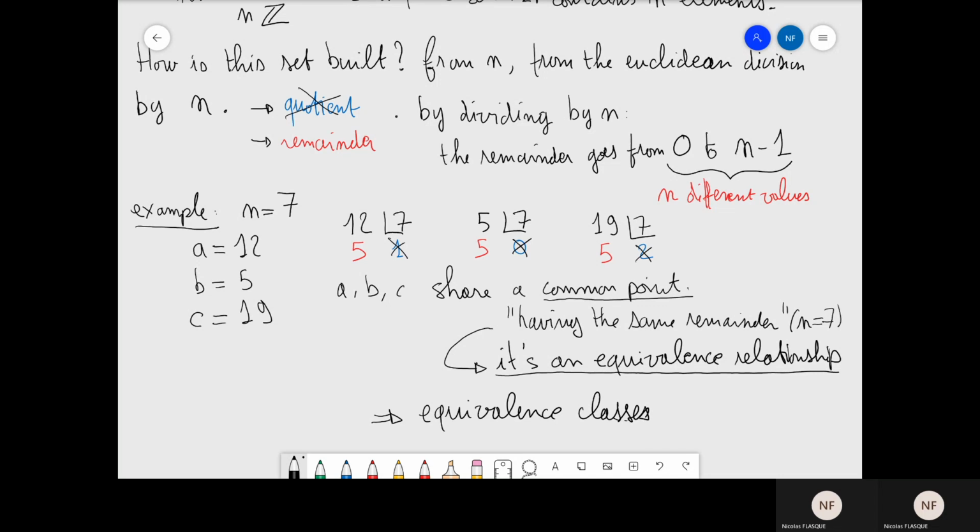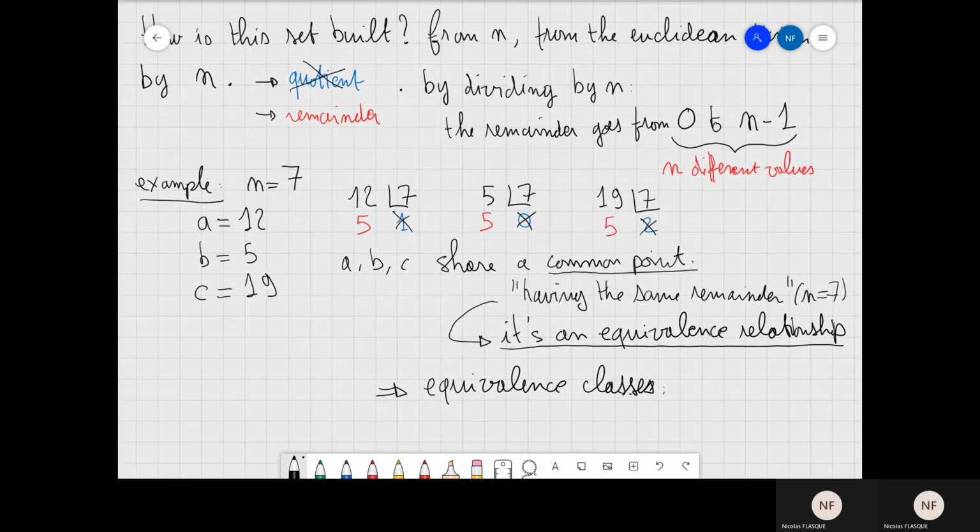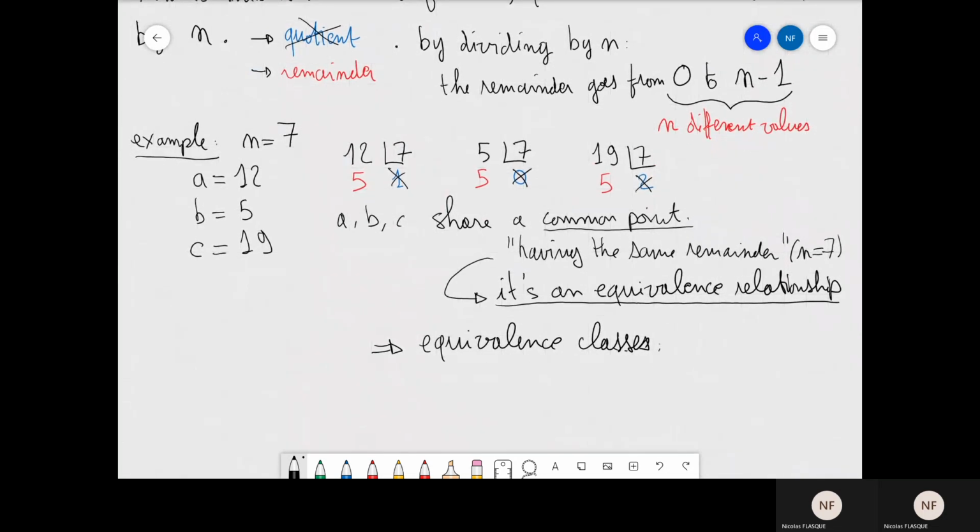Actually, and still to go on with this example, in Z over 7Z, we have an element which is named 5 bar.